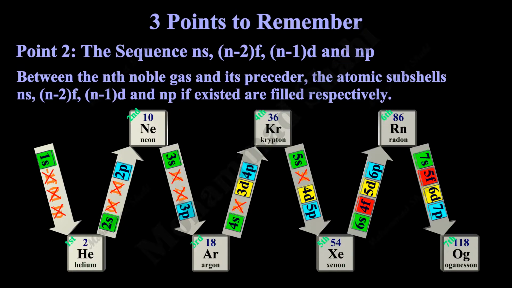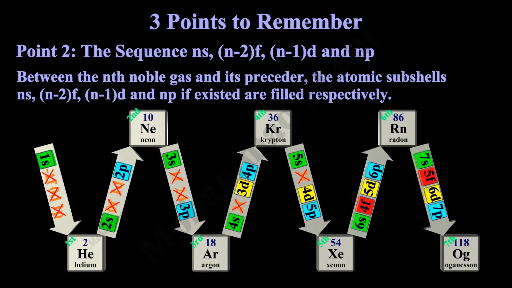So we see how it is possible to obtain type and order of subshells filled between any two adjacent noble gases simply by remembering the ns, (n-2)f, (n-1)d, and np sequence.